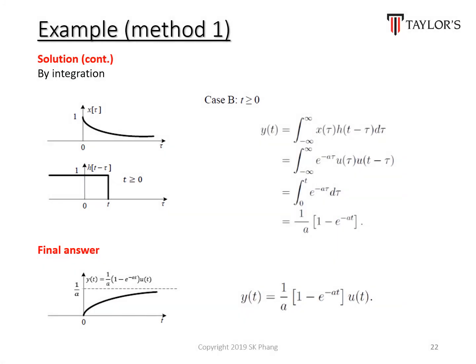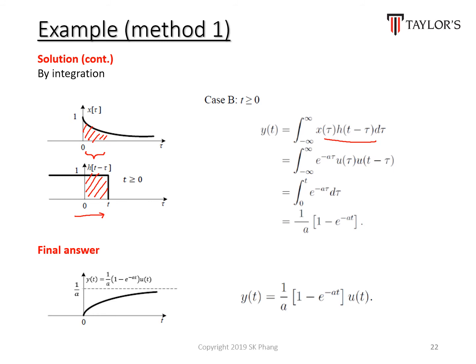And next, you slowly shift the t towards the right. So your h(t minus tau) will be slowly shifted to the right. And you notice that in this case, when your t is greater than 0, meaning that any time after zero, there is indeed an overlapping of your system and your signal. So you can actually do the multiplication. The formula to do the multiplication is over here.